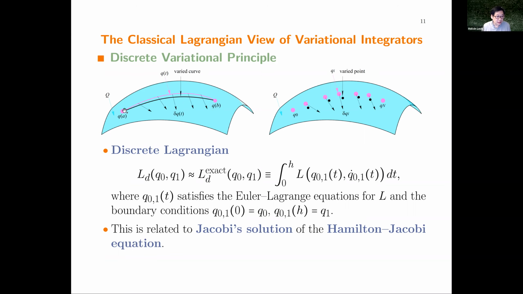What Hamilton's principle basically says is that if you have an initial point and a final point, then the trajectory which the system actually takes is that which extremizes the action integral, which is the integral of kinetic minus potential energy.